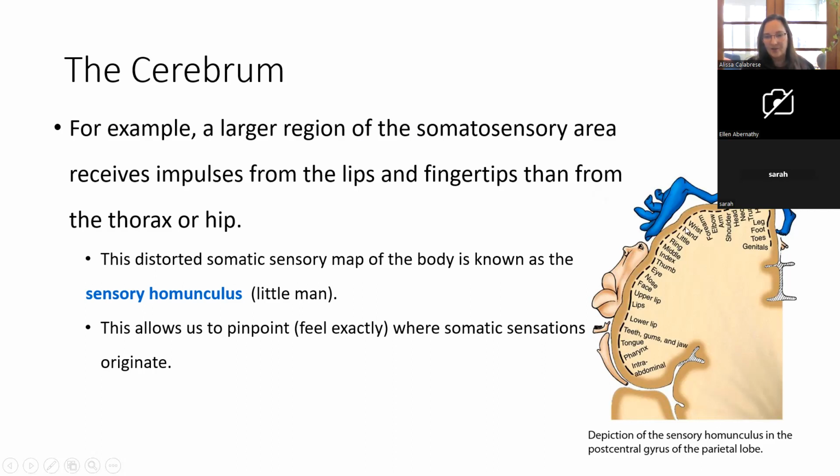So you can see how much of the brain is dedicated to understanding the sense of touch in the hand and in the face. And then other parts of the body where you don't have as many sensory neurons, like the trunk or the hip, we've got less brain dedicated to understanding those, right? Because the neurons are farther apart and you just have a less detailed sense of touch in those areas, very detailed in the hands and the face.